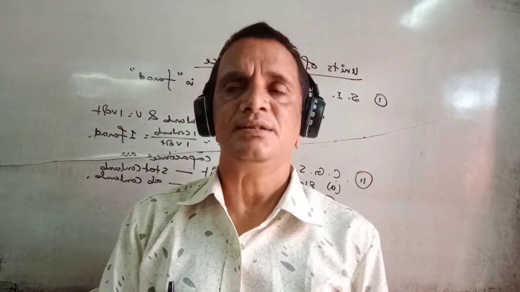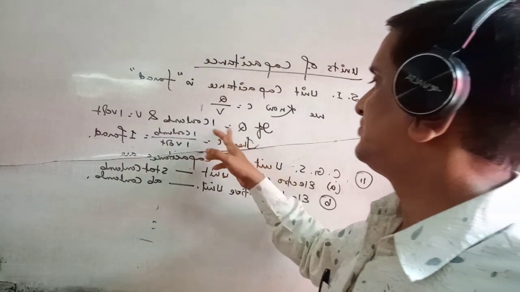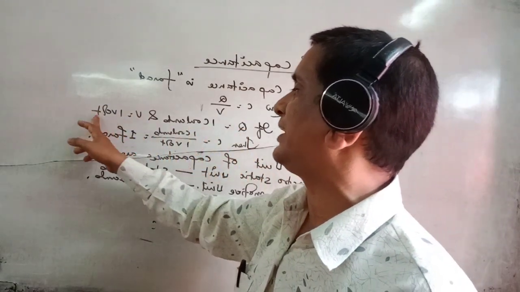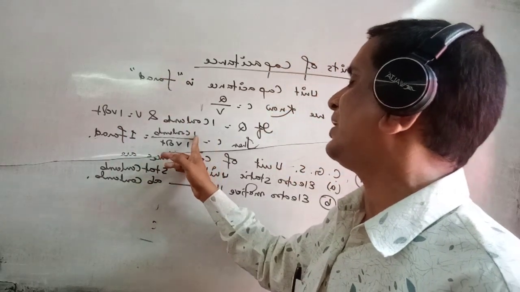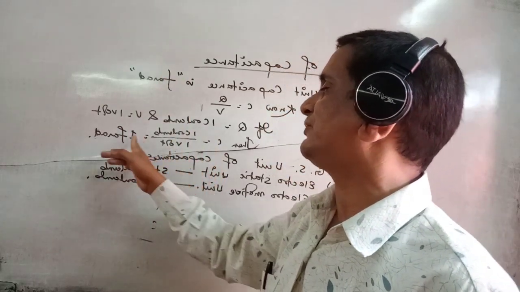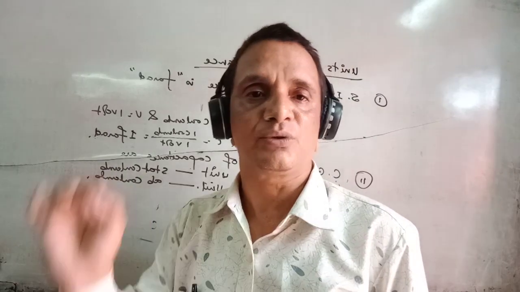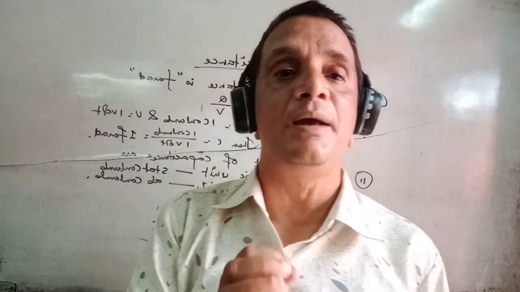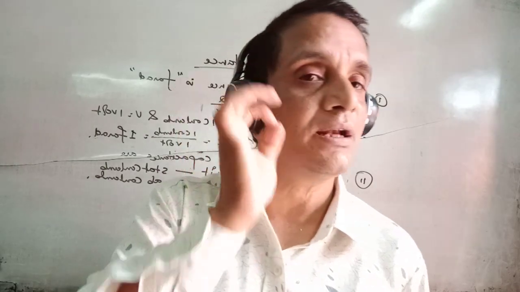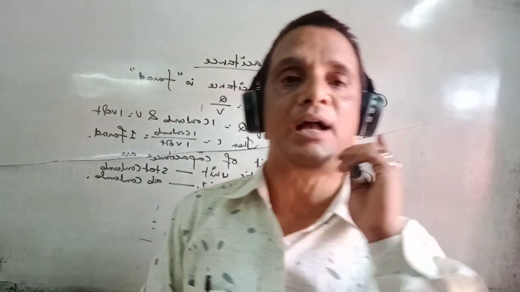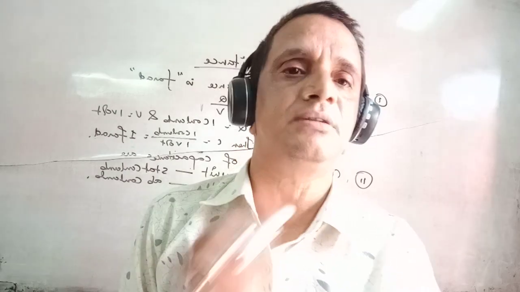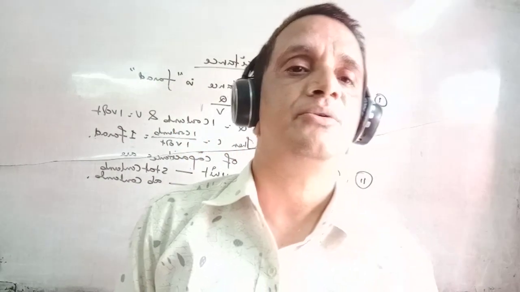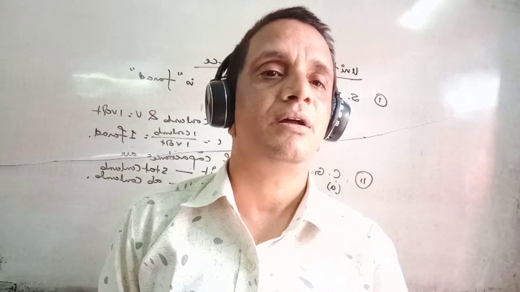Is it clear? Same, if Q equals 1 ab coulomb and V equals 1 ab volt, then C equals 1 ab coulomb by 1 ab volt, which is 1 ab farad. So we can say that if a charge of 1 ab coulomb is required to raise the potential through 1 ab volt, then it is 1 ab farad.